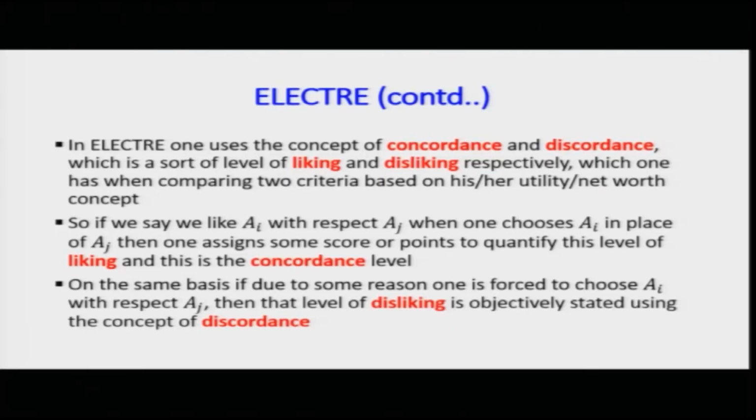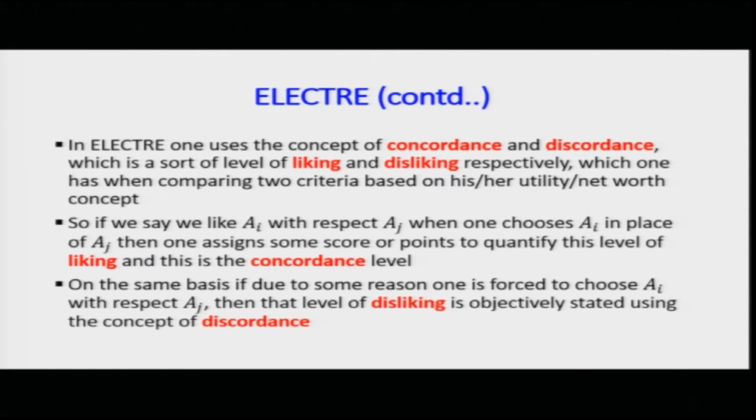So, if we say that we like A_i with respect to A_j, when one chooses A_i in place of A_j, then one assigns some score or points to quantify this level of liking, and this is known as the concordance set or level. On the same basis, as I said, if due to some reason one is forced not to choose A_i with respect to A_j, just the reverse, then the level of disliking is objectively stated using the concept of discordance.